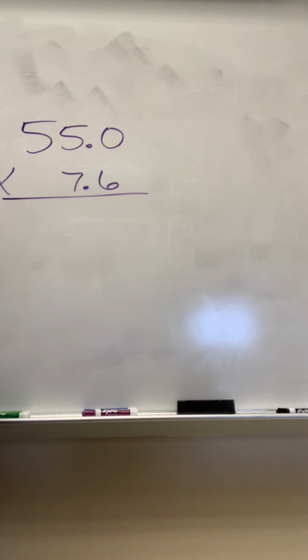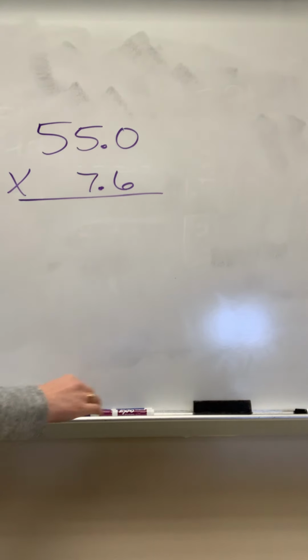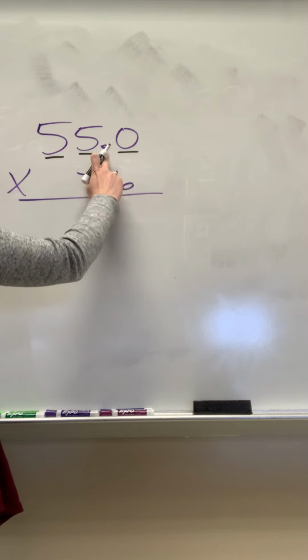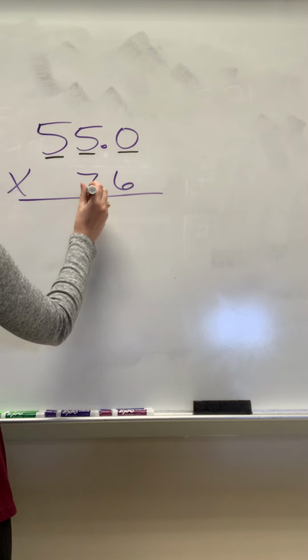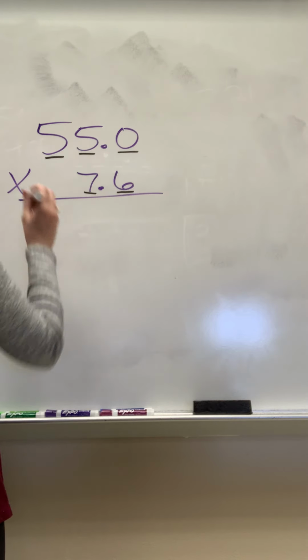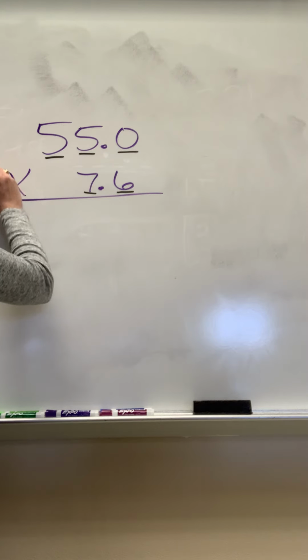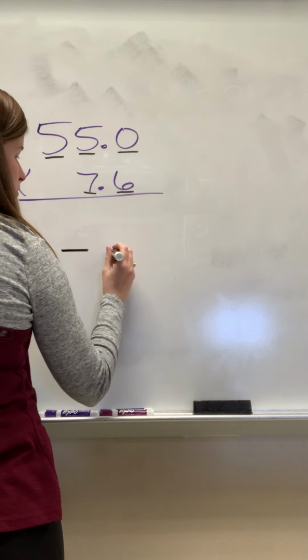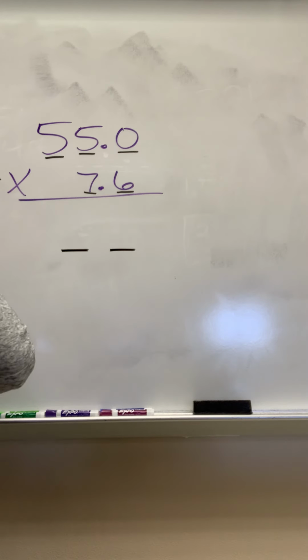So then I'm still going to look at sig figs first. So I'm going to say this one has 1, 2, 3 sig figs. That 0 counts because there's a decimal. And this one has 2 sig figs. So 3 and 2. So that means that 2 is my limiting one. So that means my answer can only have 2 right there.